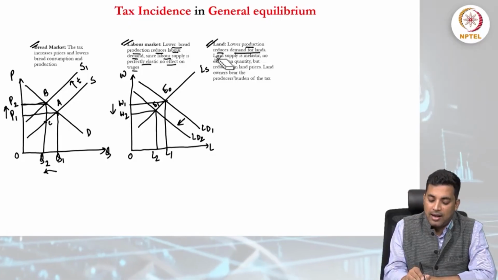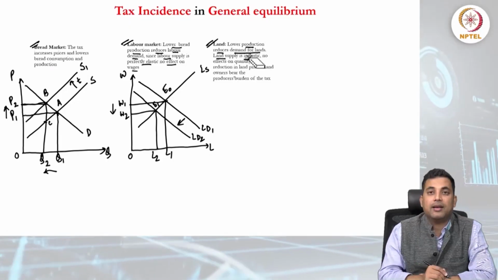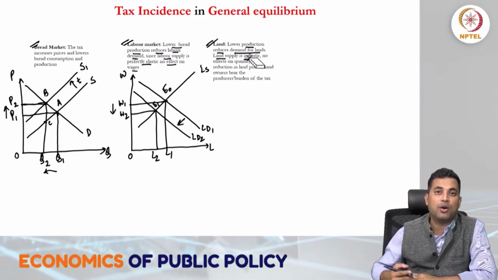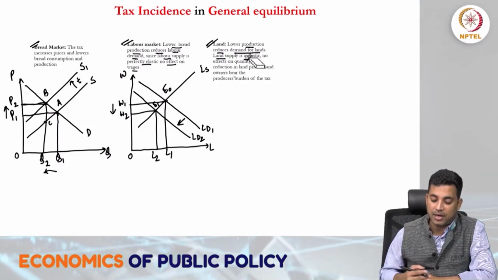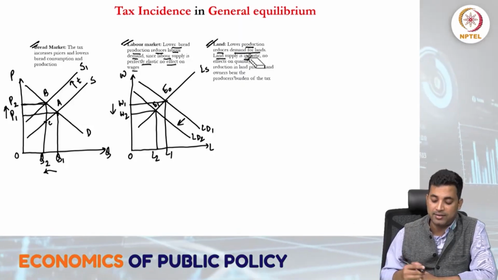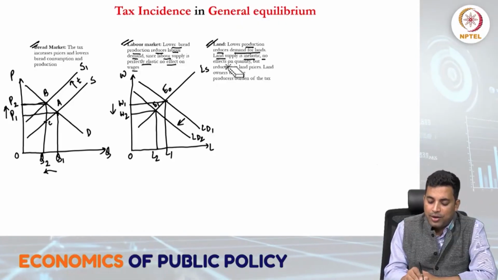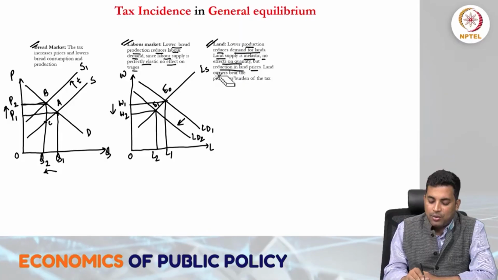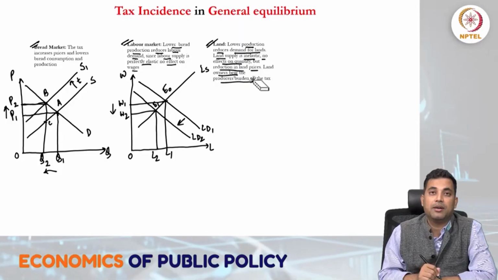Land supply is inelastic, as we already said, because land cannot be increased that way. So there is no effect on the quantity, but there is a reduction in the land price. Landowners bear the producer's burden of the tax.